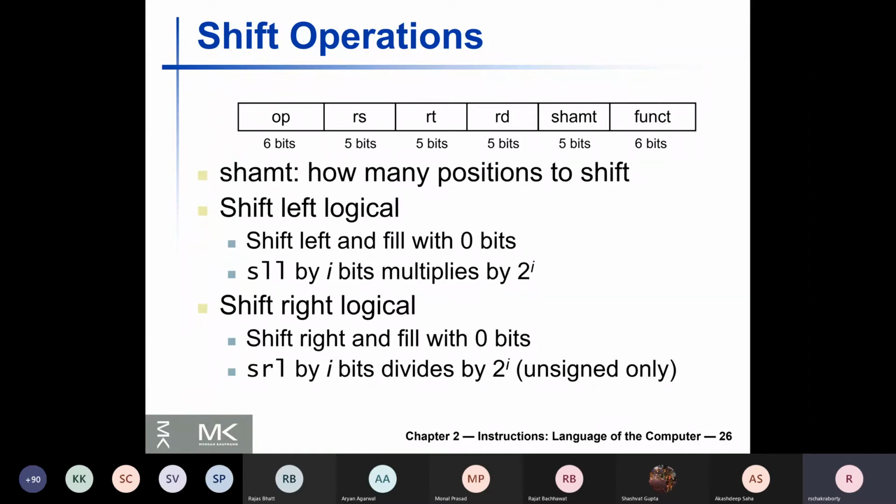It must have had a 0 on the left, so you fill up with additional zeros on the left, no problem. Positive remains positive. But if it had a 1 at the most significant bit, and then you are filling up with zeros on the left, that's problematic. That means it is suddenly changed to a positive number. That's why again this is called a logical right shift. It does not respect any arithmetic sign conventions.